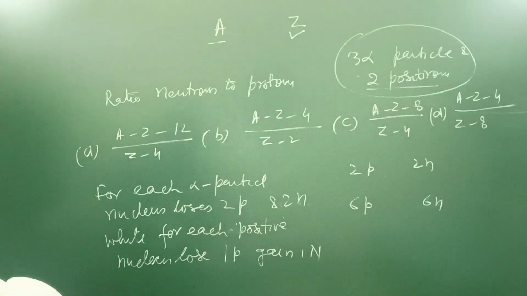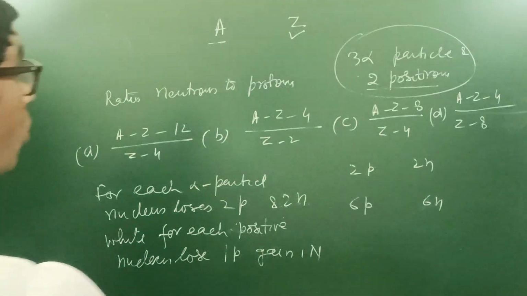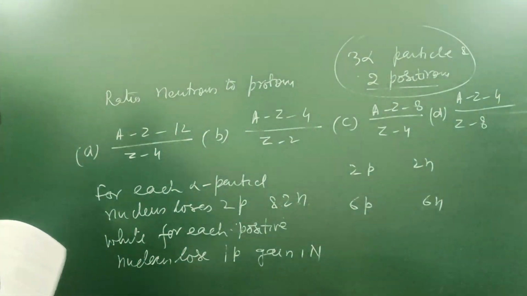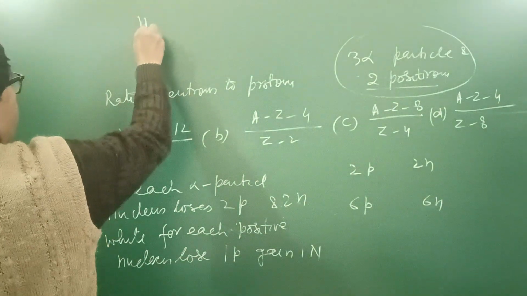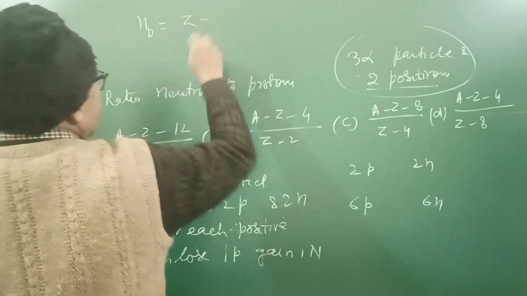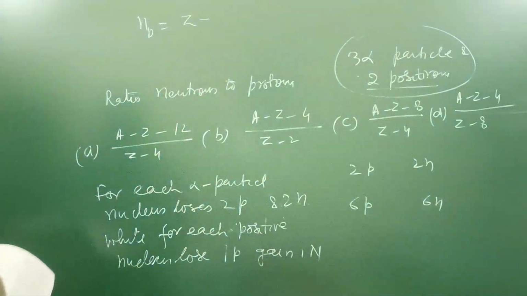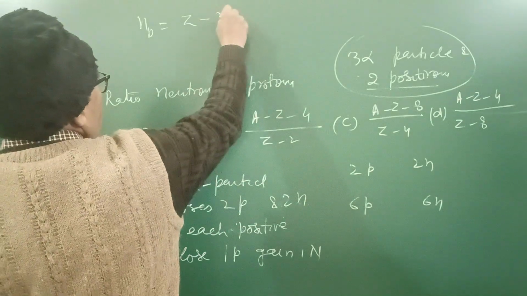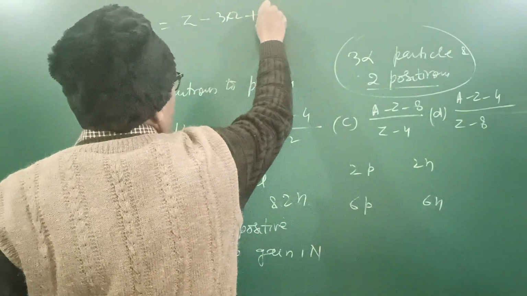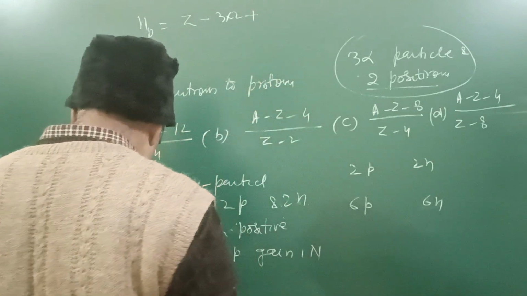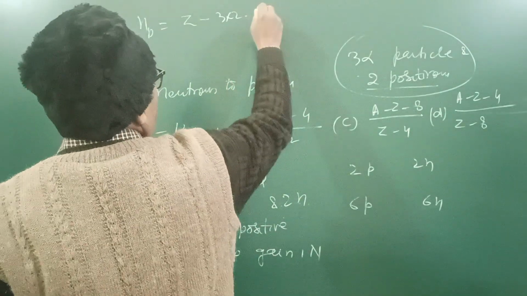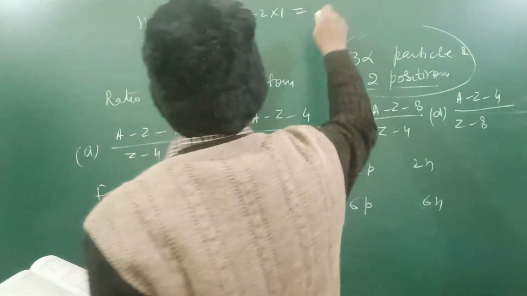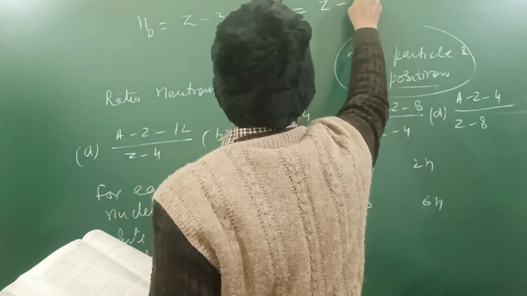Therefore, the number of protons will be Z minus 3 into 2, minus 2 into 1. So it becomes Z minus 8.